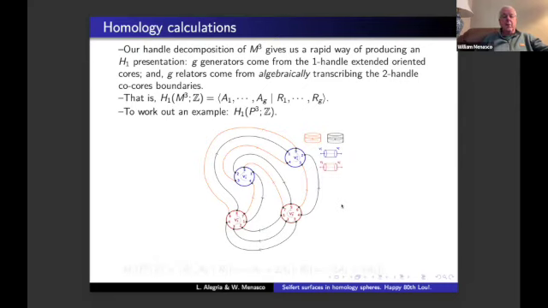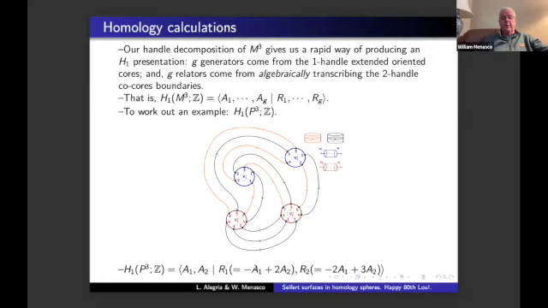And if you work it out for the Poincare homology sphere, it turns out that you've got just two generators, because we've just got two one handles, and then the relators, there's just two of them because we got two two handles. This is the orange relator.